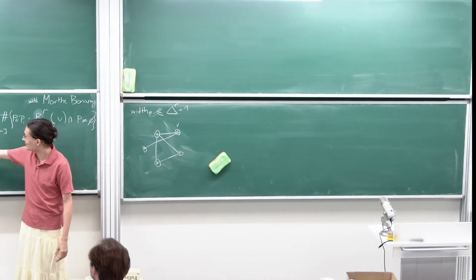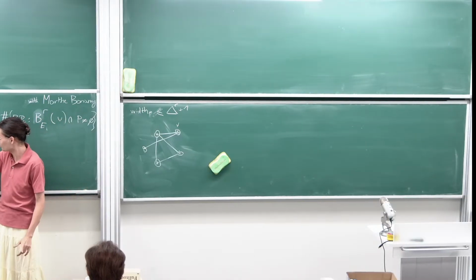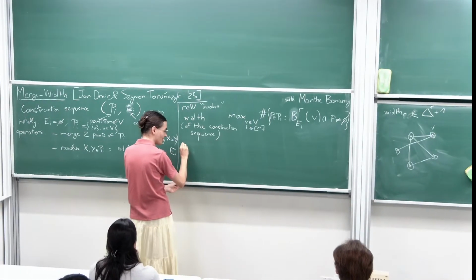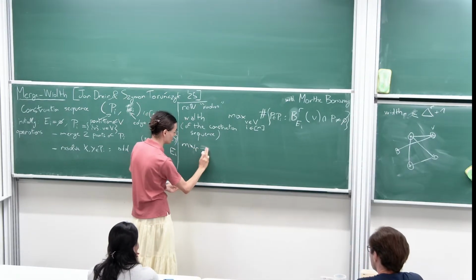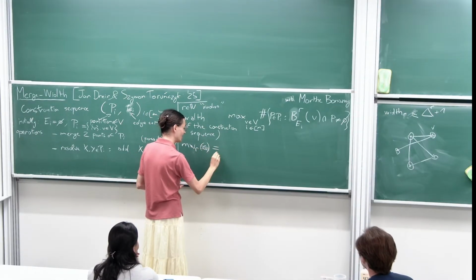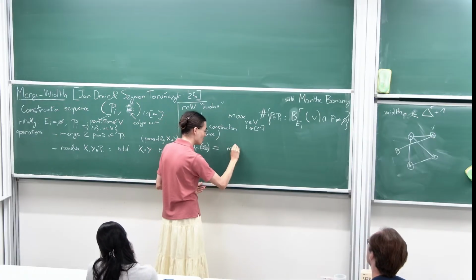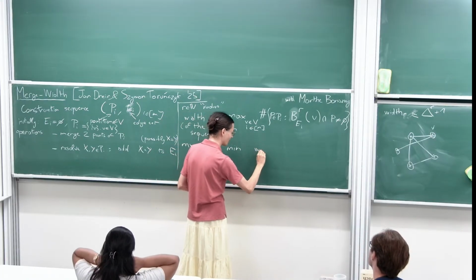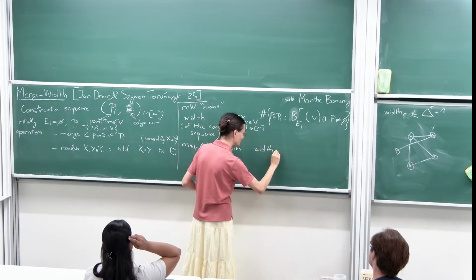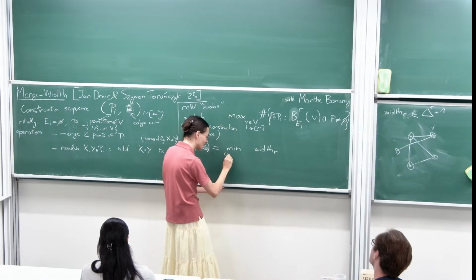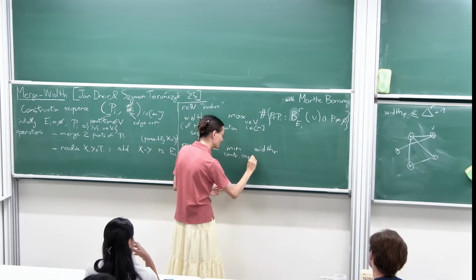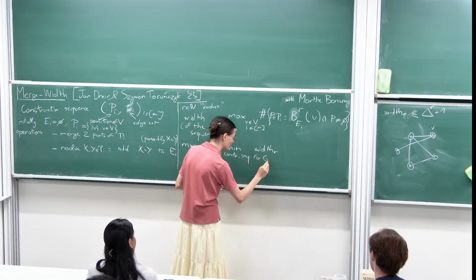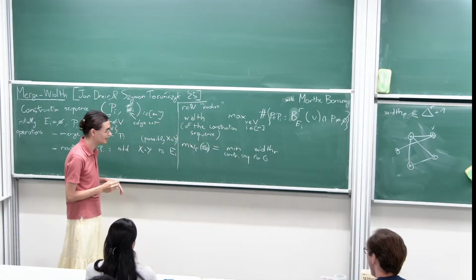So let me first write: you have the merge width at radius R of the graph G. It's the minimum width at radius R over all construction sequences for G. You're finding the best one like that.